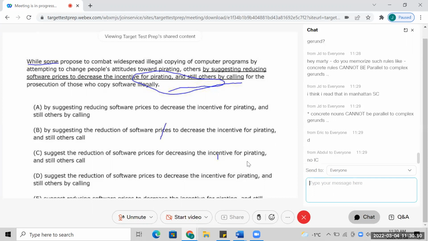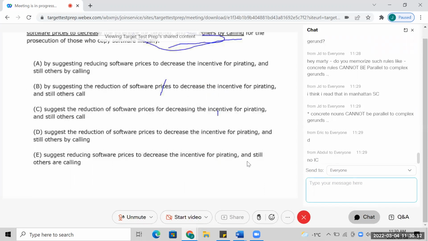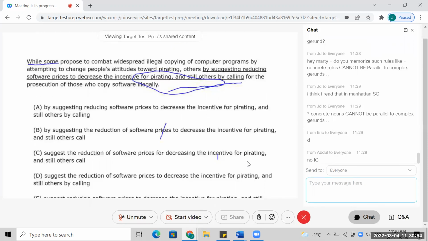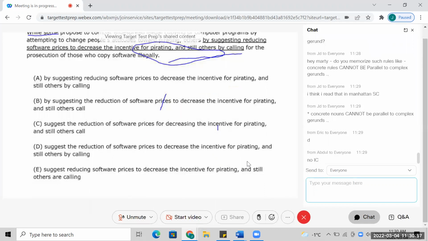Okay, take one, please. Okay, that's close. B: by suggesting the reduction, okay. While some propose to combat widespread illegal copying of computer programs by attempting to change people's attitudes toward pirating, others by suggesting the reduction of software prices to decrease the incentive for pirating, and still others call.